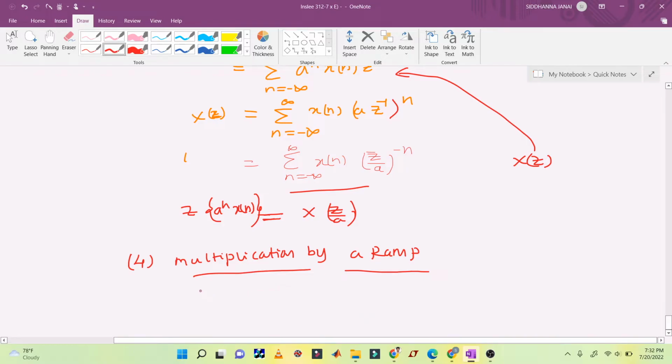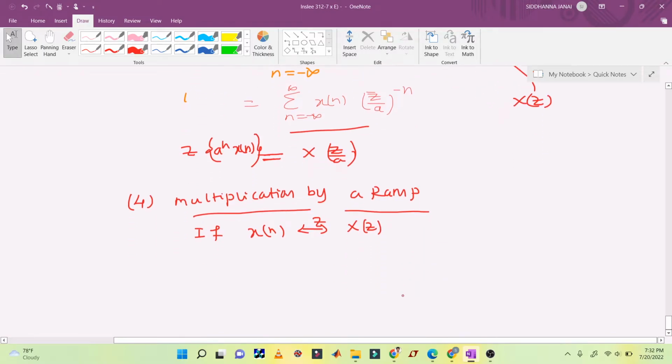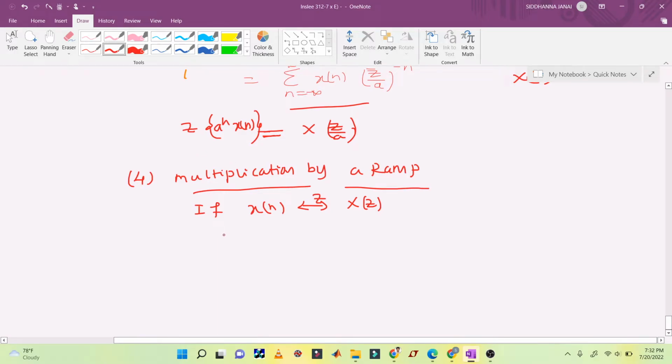So let us try to understand what it is. If x of n produces Z transform as X of z, then n into x of n, earlier we had multiplied with a to the power n exponential, now we are multiplying with a ramp. If you are taking time, multiplying with time, that is t into x of t, then also it is multiplication with ramp.